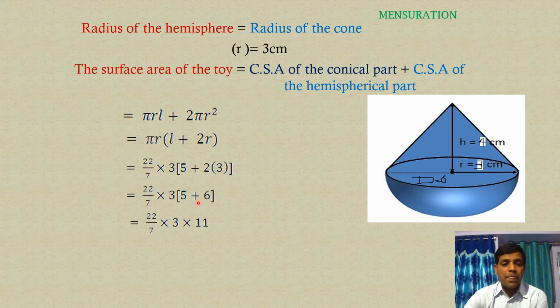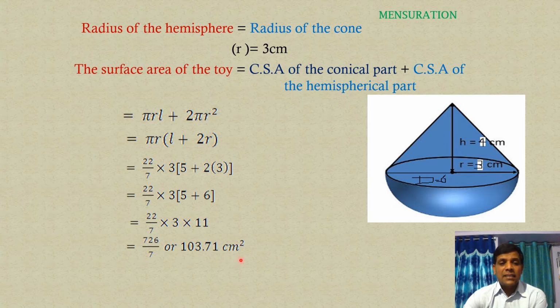That is the next step. 22 by 7 into 3 into 11. 22 into 3 into 11 by 7. 22 into 3 is 66, into 11, 726 by 7. After division, after simplification, we get 103.71 centimeter square.